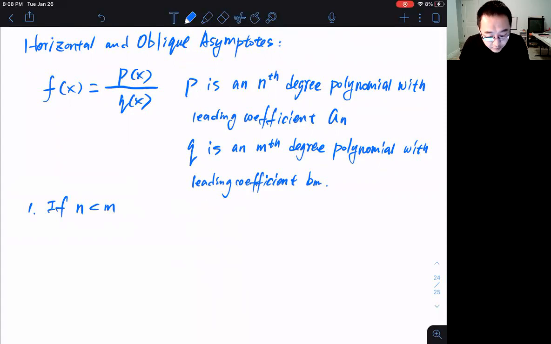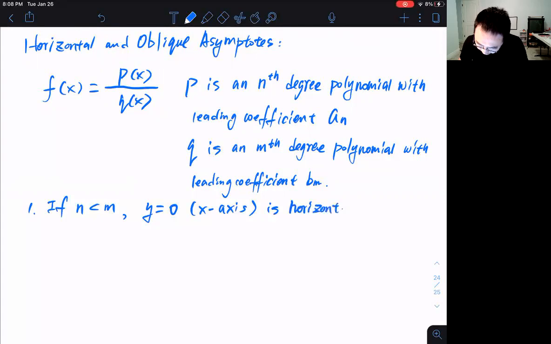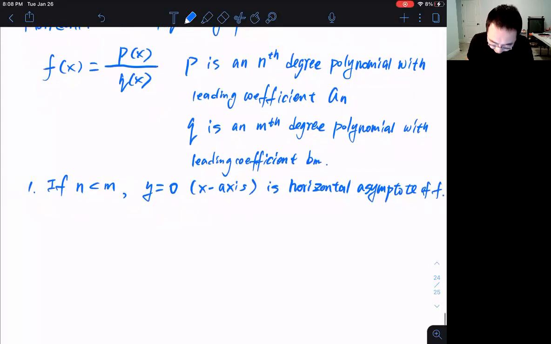If this is the case, then y equals 0, your horizontal axis, the x-axis, is the horizontal asymptote for f. So that's the first scenario.